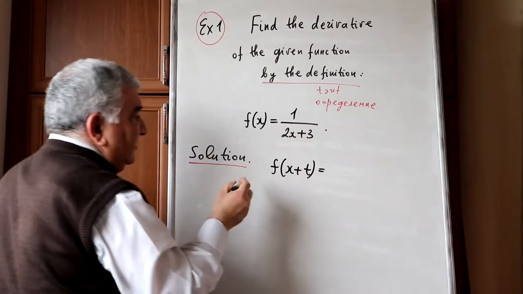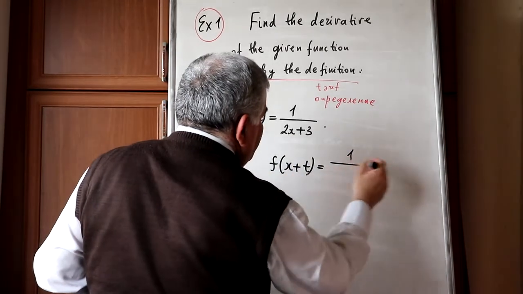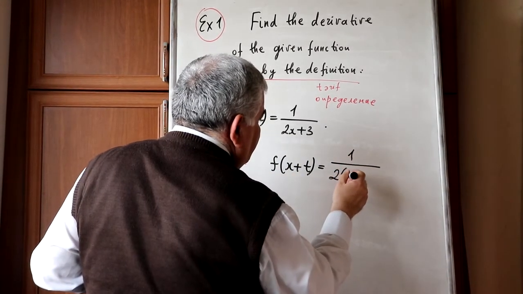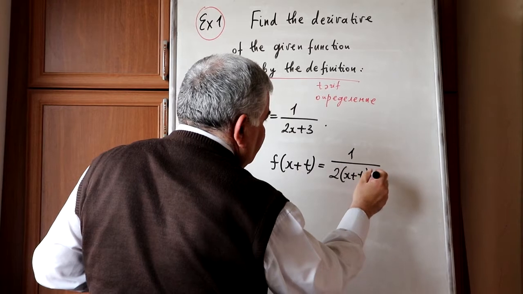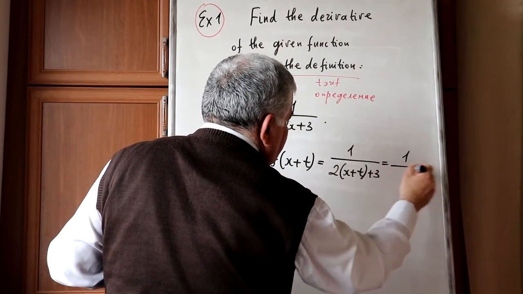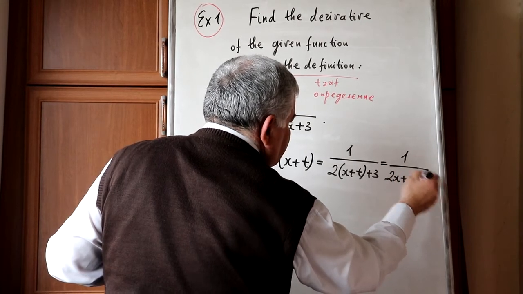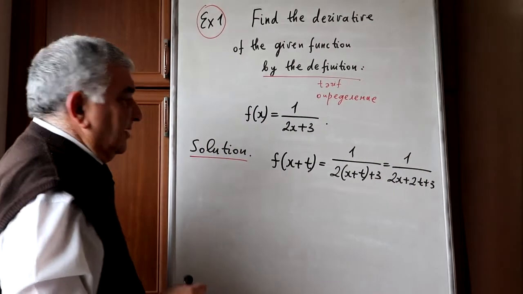For this, we must substitute x plus t instead of x. Here, 1 over 2 multiplied by x plus t plus 3 equals 1 over 2x plus 2t plus 3. It is the expression of f of x plus t.